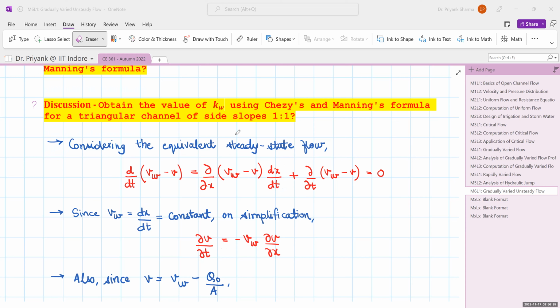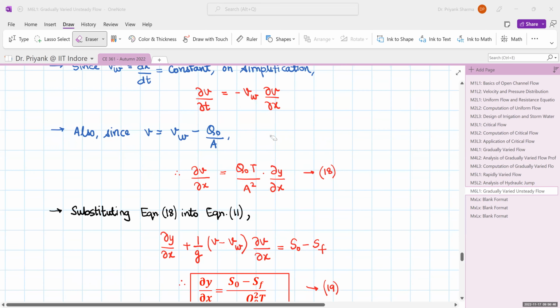Now, since your V is equal to V_w minus Q naught by A, from the earlier derivation and the wave velocity equation, we get that. Just differentiating it, del V by del x becomes Q naught T upon A square into del y by del x.